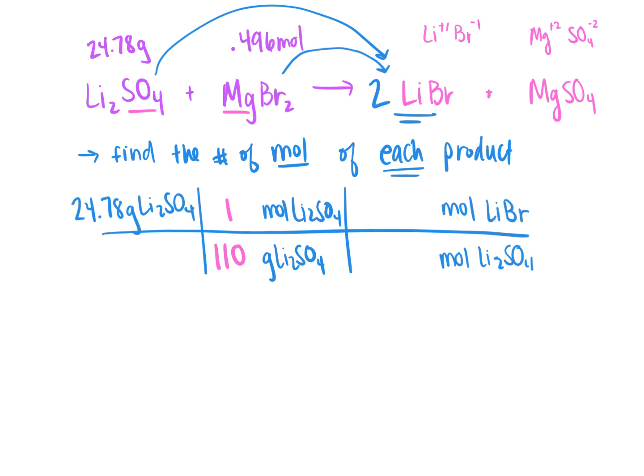And can I stop it right there? Yes, because my goal is moles of my product. And once I'm in moles of my product, I'm going to stop my chart right there. So now I'm looking at the mole ratio, and I say that it is 1 to 2. Right? 2 on the top, 1 on the bottom. And so then I just run my math.